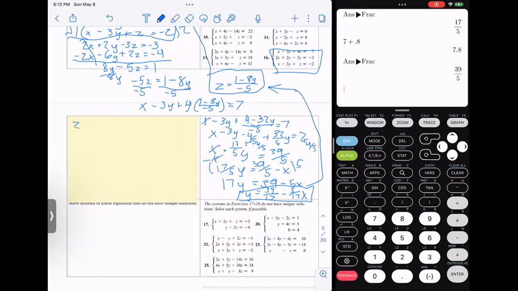So we really have z is equal to 1 minus 8 of 39. Hold on. Let's think something here. Hold on, one second. We want to plug y. Oh, I know what I did wrong. We wanted to solve for x. That way we can get all the y's.